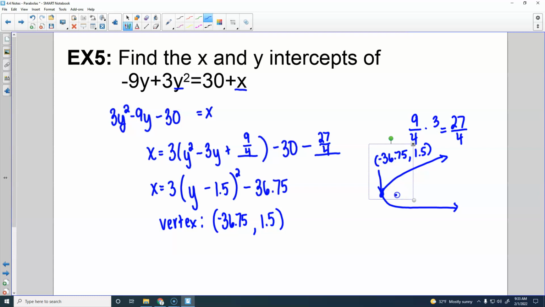Our focus would be to the right, and we're going to do 1 over 4 times 3. Which is going to give us 1/12, which is going to be, as a decimal, 0.083 repeating.